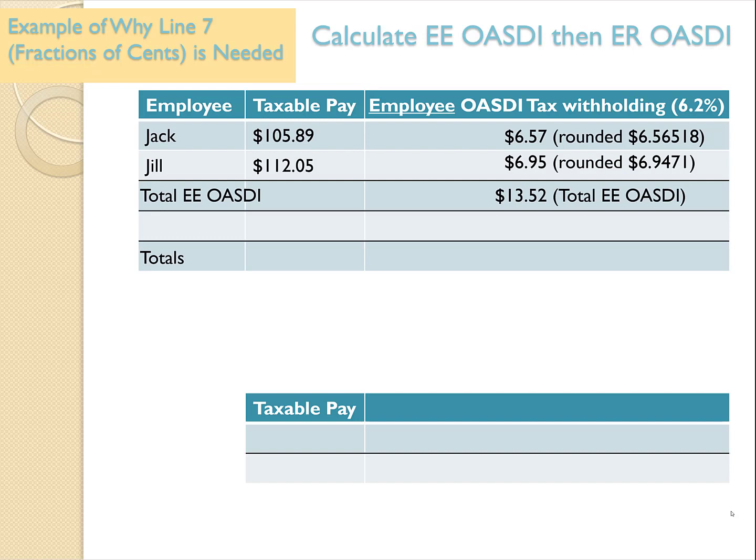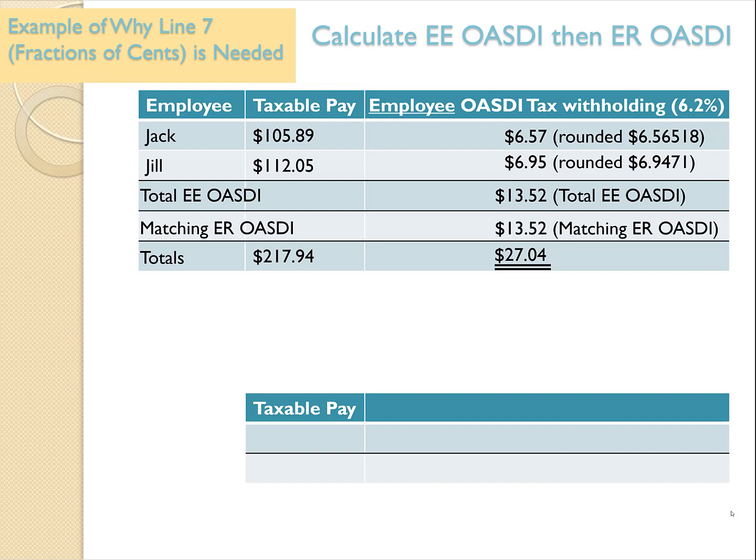Now remember, the employer must match that. So the matching employer OSTI is also $13.52, for a total of $27.04. Okay. So that's what we calculated for the employee and employer OSTI for the pay period.